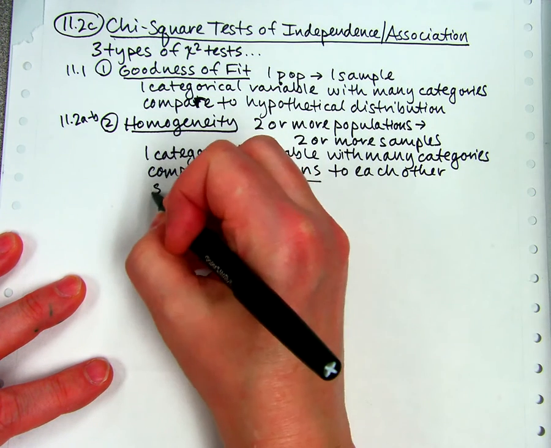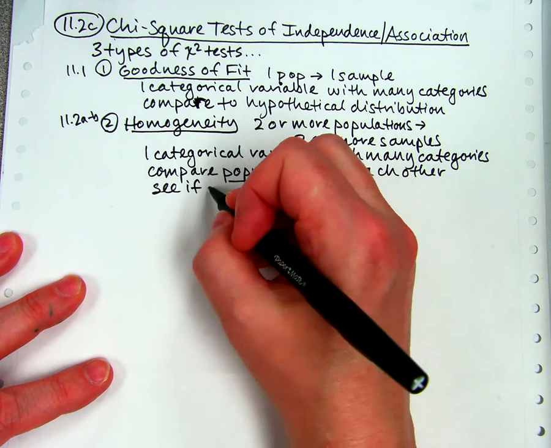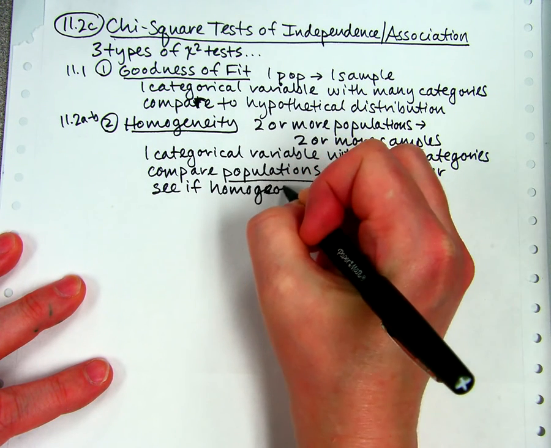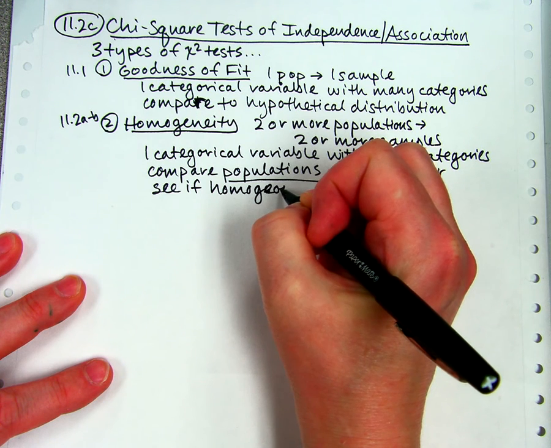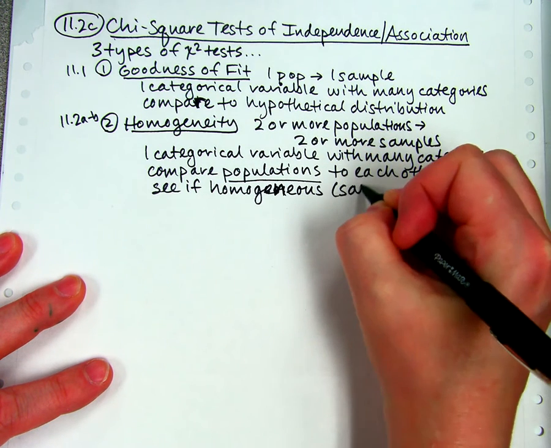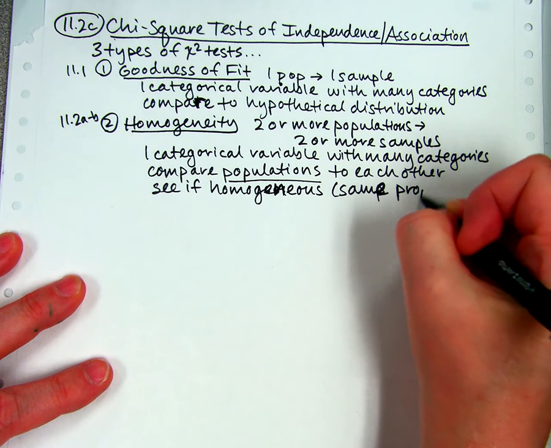And we were trying to see if they were homogeneous. That's what the name means. Homogeneous means they have the same proportions of those categories for each population.